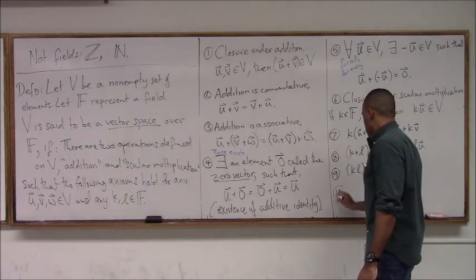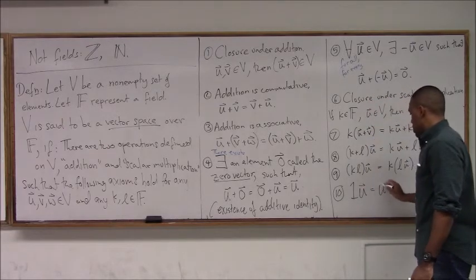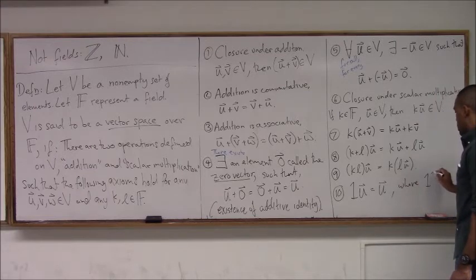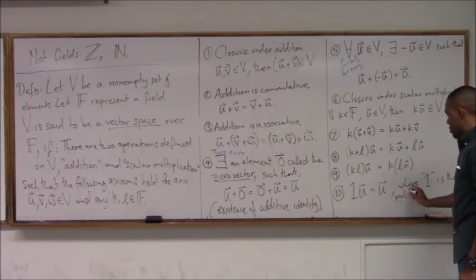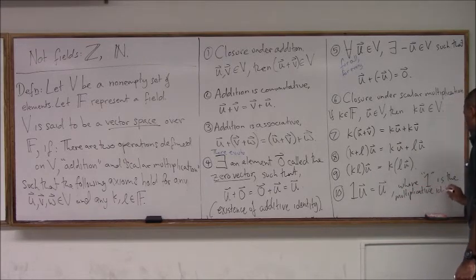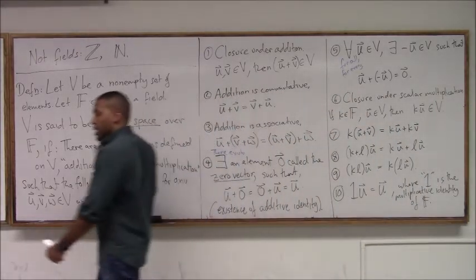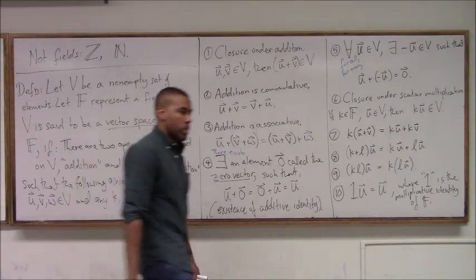And finally, 10. If I take 1 times u, the result is u, where 1 is the multiplicative identity of F. Any set that has 2 such operations defined that obeys those 10 rules, we call it a vector space.